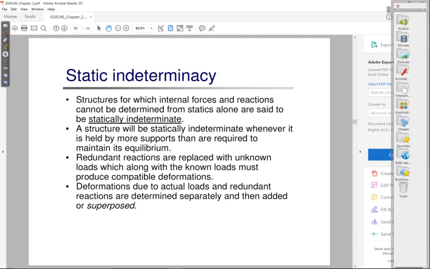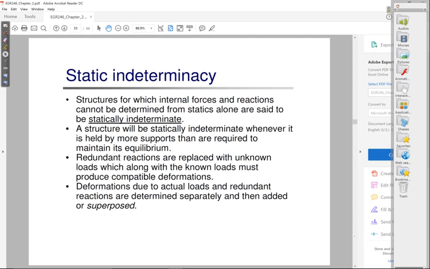In the case of static equilibrium, if you look at a 2D case, you have 3 equations of equilibrium. Sum of forces x equal to 0, sum of forces y equal to 0, and sum of moments about some point is equal to 0. That's 3 equations of equilibrium. It means you could solve for 3 unknowns. Usually in statics, you're solving for unknown reactions. So that means you could have 3 unknown reactions that you could solve for.